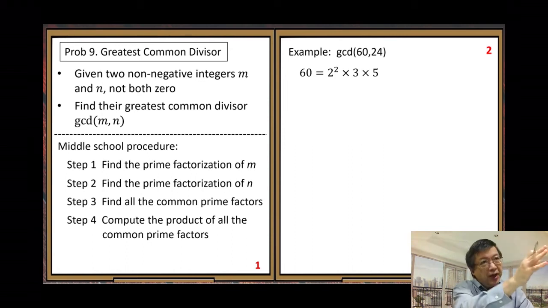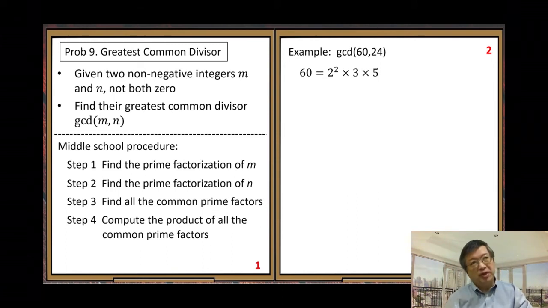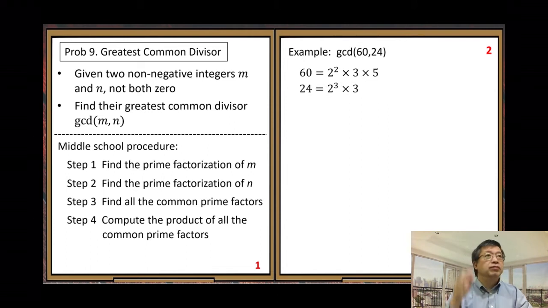GCD of 60 and 24. So we do prime factorization of 60, so we get this simple factorization. 24 is 2 cubed times 3. Then look at the prime factor 2: the largest possible power of 2 that both numbers have as a factor is 2 squared.